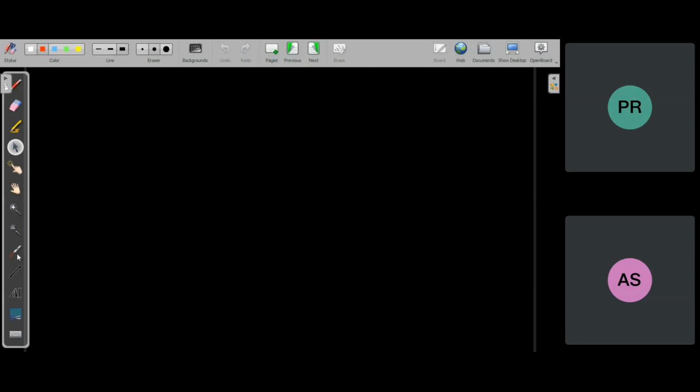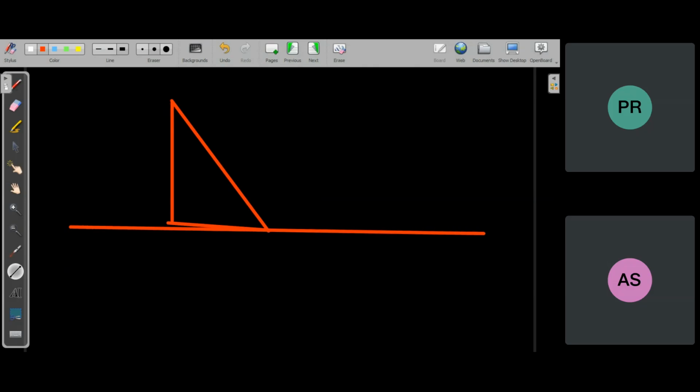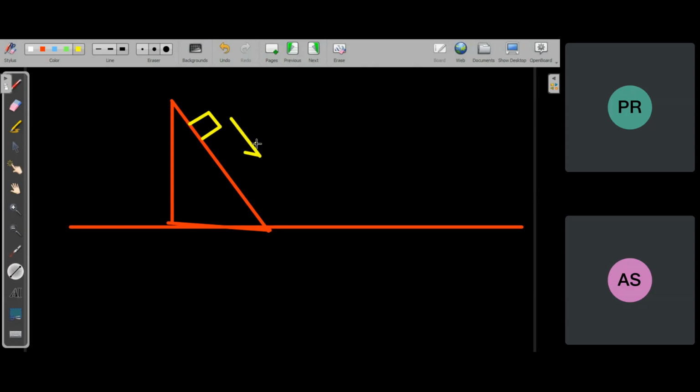For example, suppose there is a wedge kept on a smooth horizontal surface, and there is a block which is slipping on it, and the wedge is also not fixed, so the wedge will also slip.